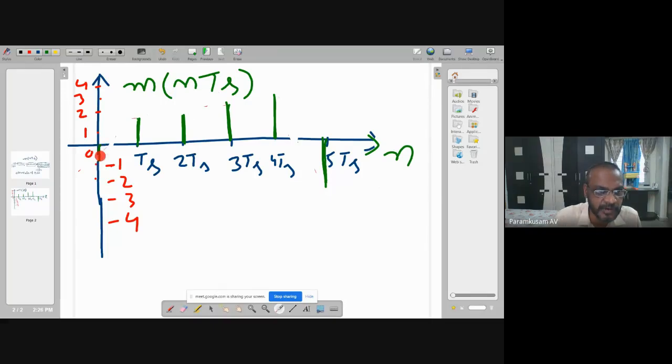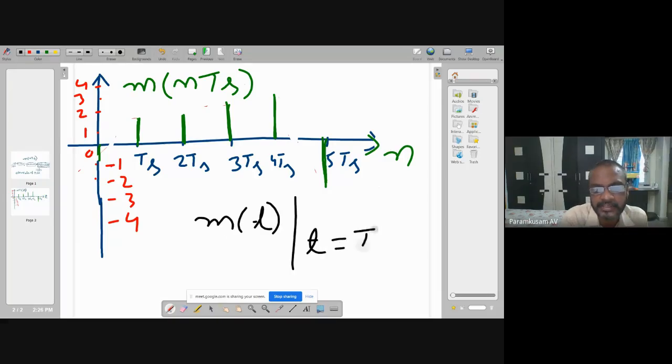So this is m of 0, no? Suppose n is equal to 1, then you substitute n equal to 1, you will get m of Ts. Then this is the value of m of t at t equal to Ts, no? How do you write this one?